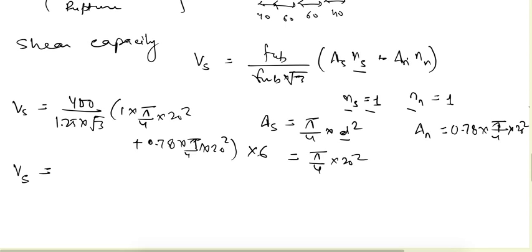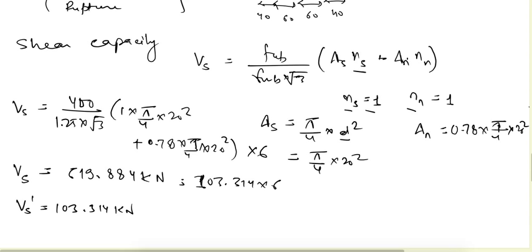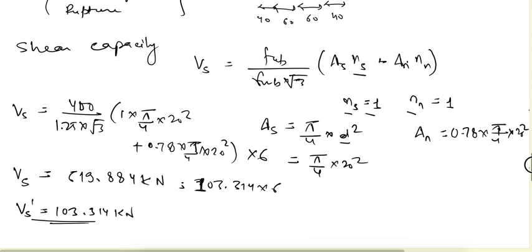And so from here Vs comes out to be 619.884 kilonewton. And later we'll need the shear strength of a single bolt also. So we can write Vs dash, the shear strength of a single bolt, equal to 103.314 kilonewton. So this term is simply 103.314 multiplied by 6. This we'll need later, so that's why I wrote it here. So that way we find out the shear capacity of the bolt.